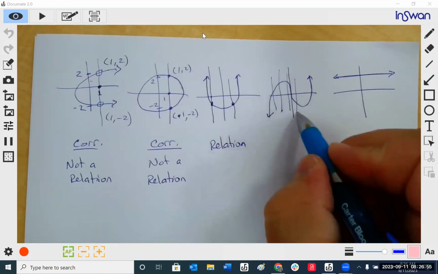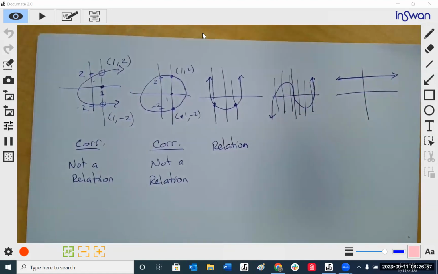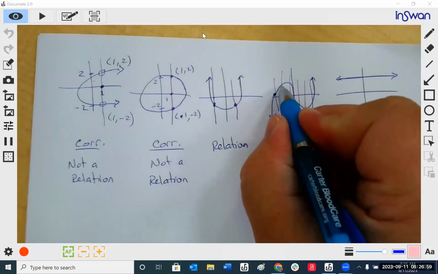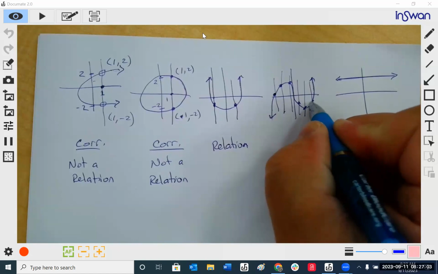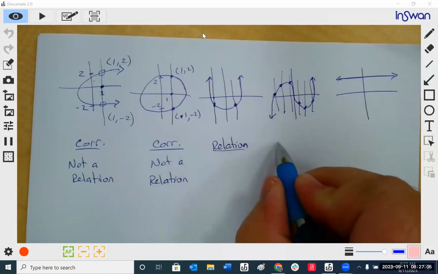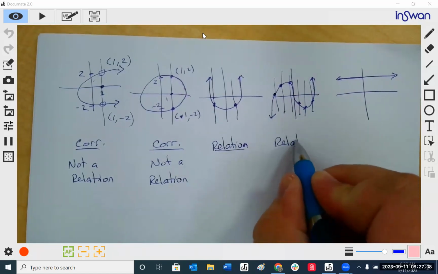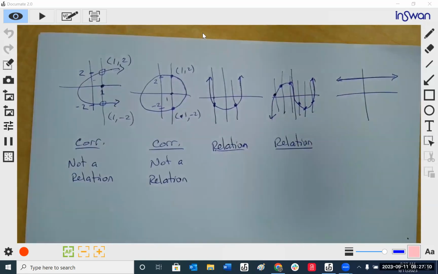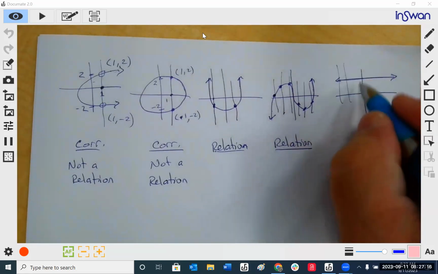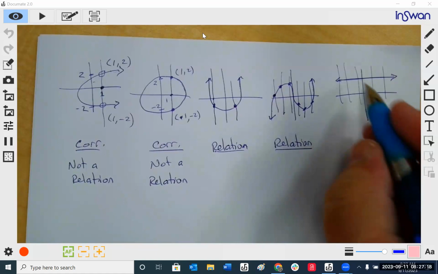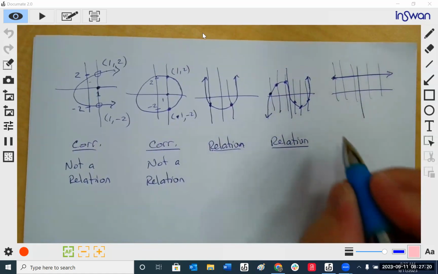Same thing there. Any vertical line we draw, we only get one point of intersection. That's called a relation. How about the last one? Yeah, same thing. Because any vertical line you draw, it crosses it only once.